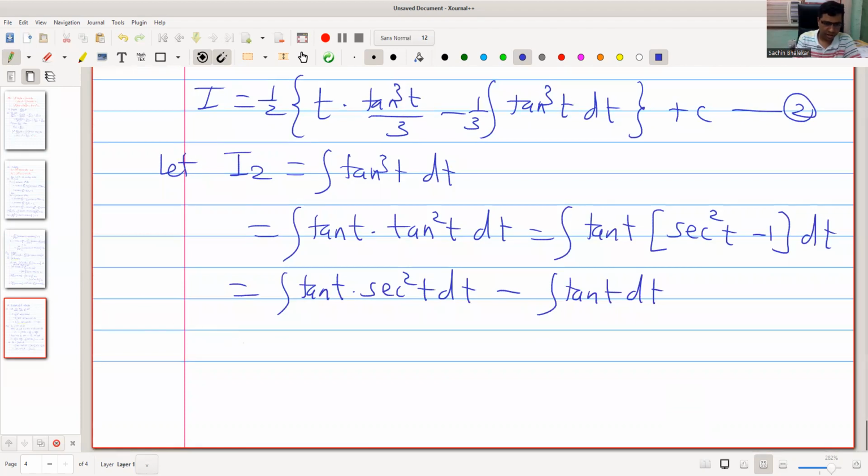In the first integral we substitute tan t equal to say u, so that du equals sec square t dt.